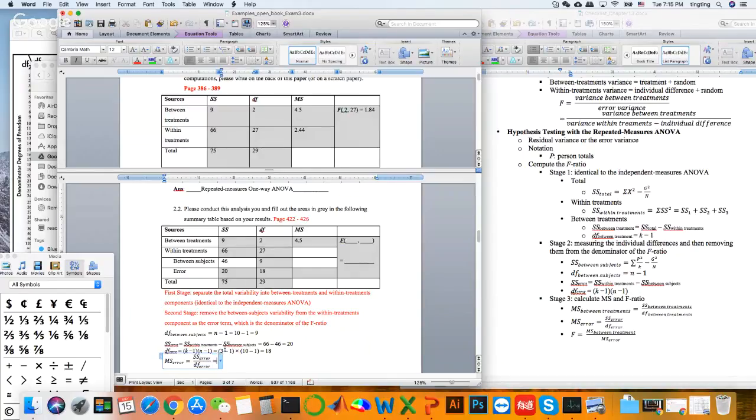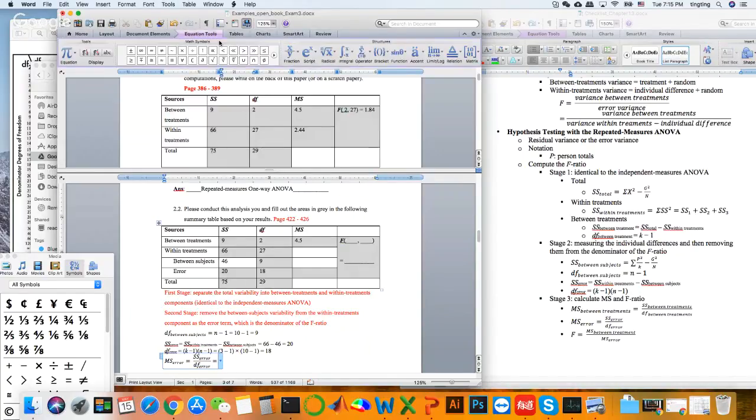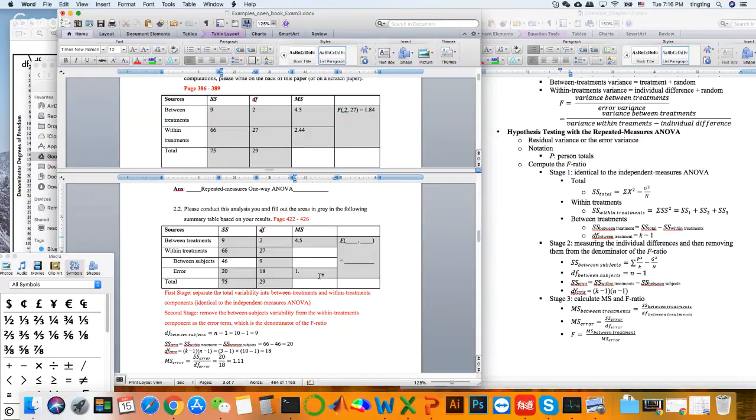So let's compute the MS error. SS error here, this number 20, sorry, divided by 18 equals to 1.11, or is this 1.1? It doesn't matter. 1.1.